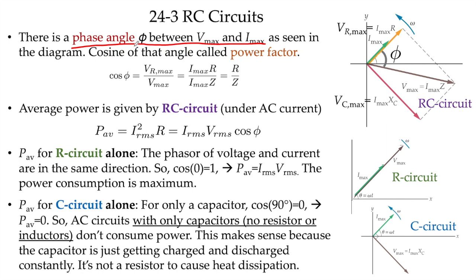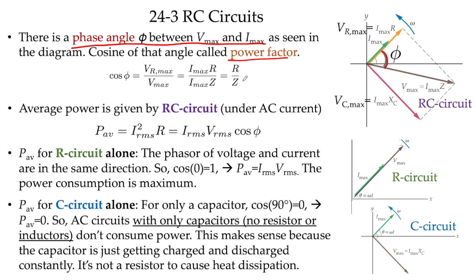It's a new concept. It's the angle, shown with phi, between the maximum voltage and the current. So it's this angle. Cosine of that angle is called the power factor.